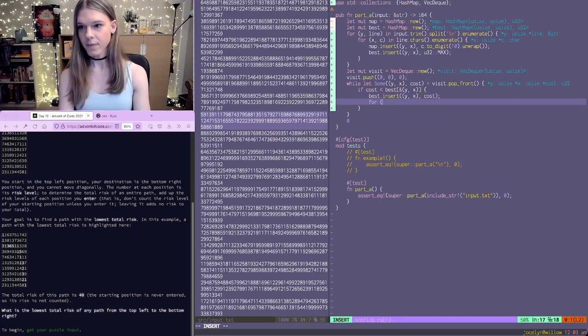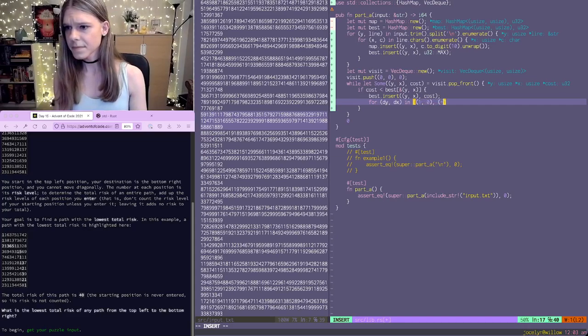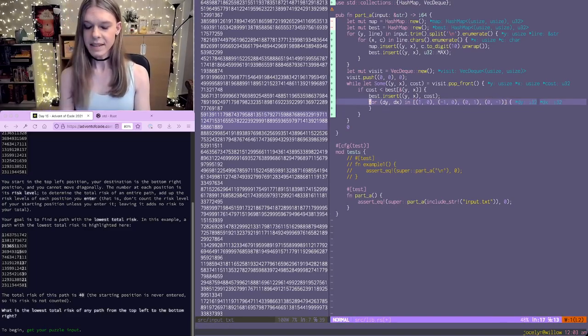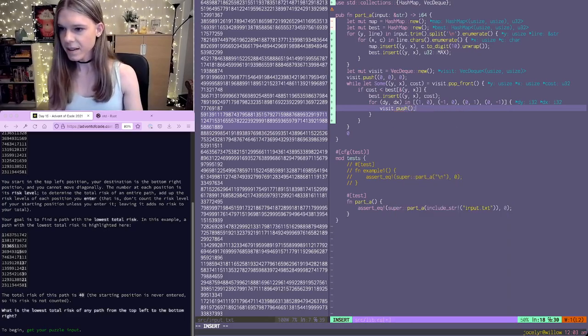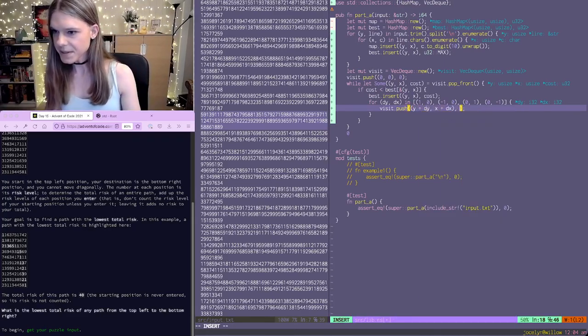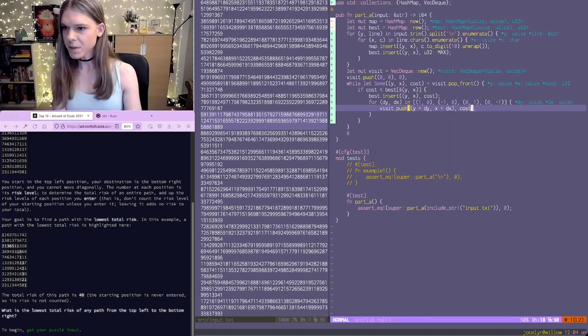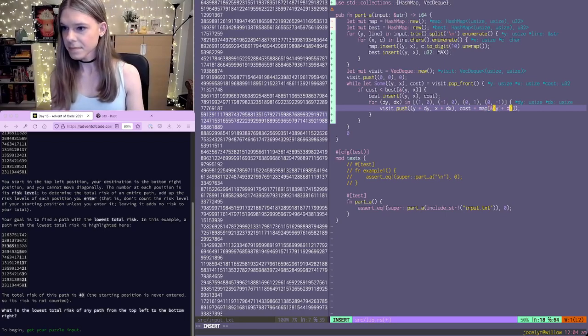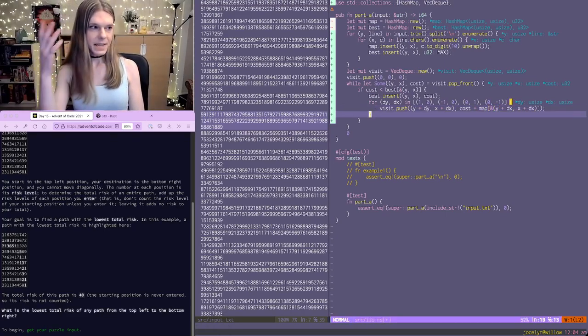So for dy, dx in the 4 directions, visit.push, that's going to be y plus dy, x plus dx, and then we're also going to push the cost plus the map for that position. And then we'll see if those are good.